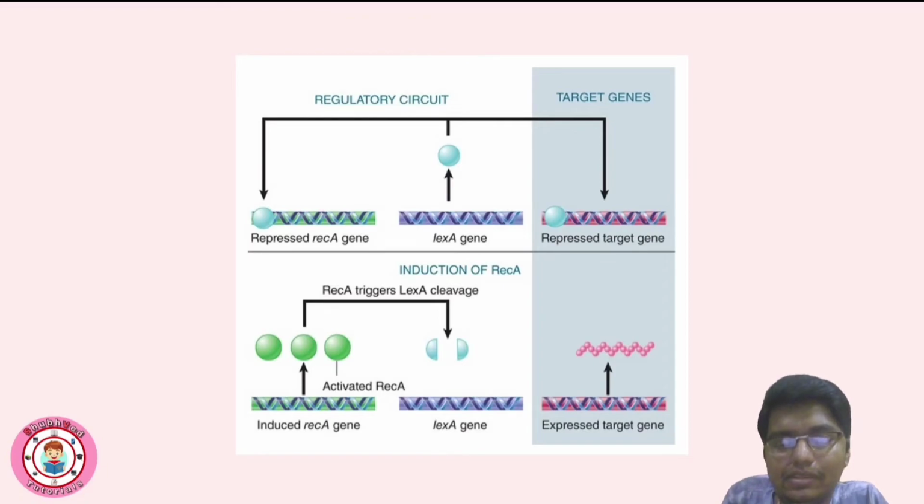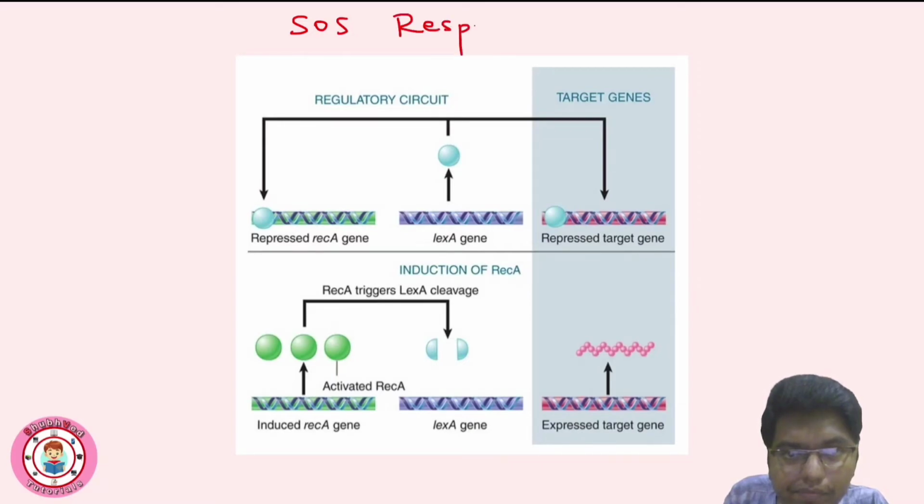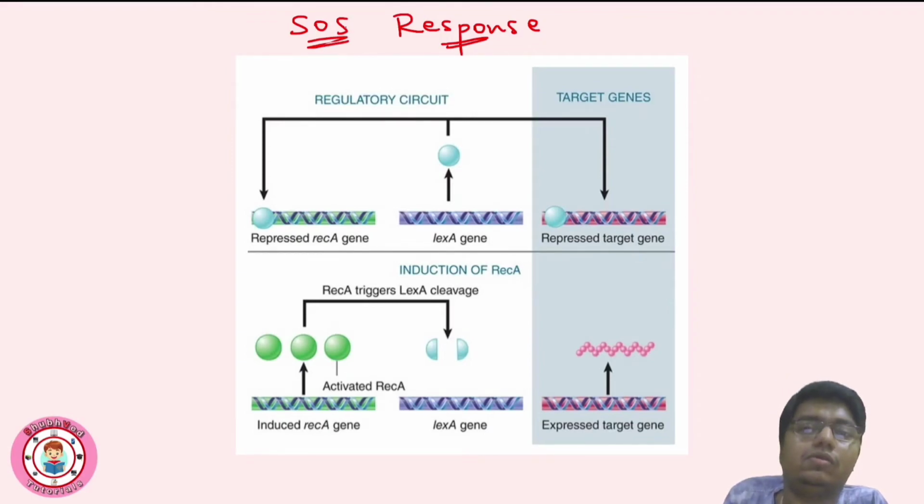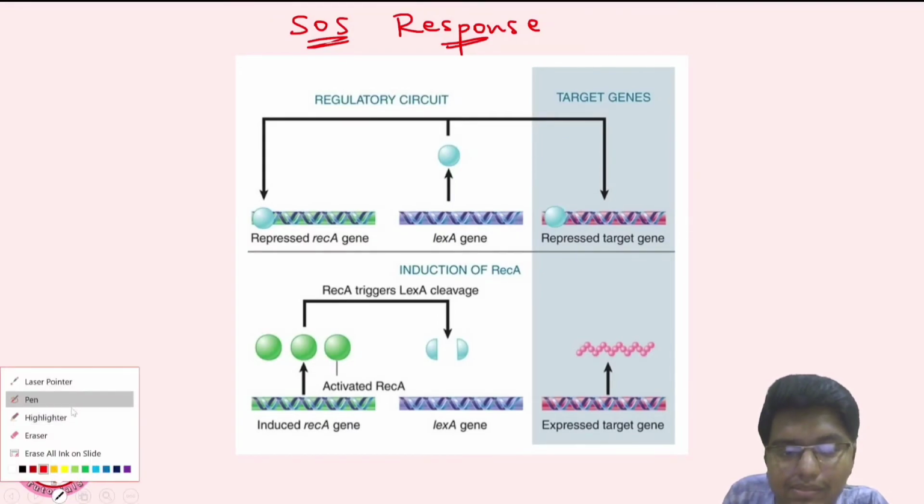Basically, the regulation is known as the SOS response. The RecA protein is very important for this pathway to be initiated. And these repair enzymes are not always active, right? When there is damage or a lesion, then only they get activated.